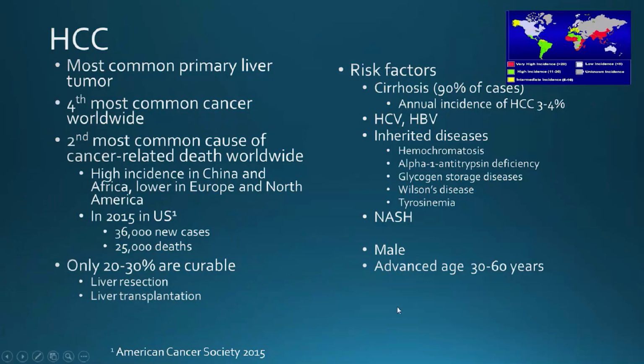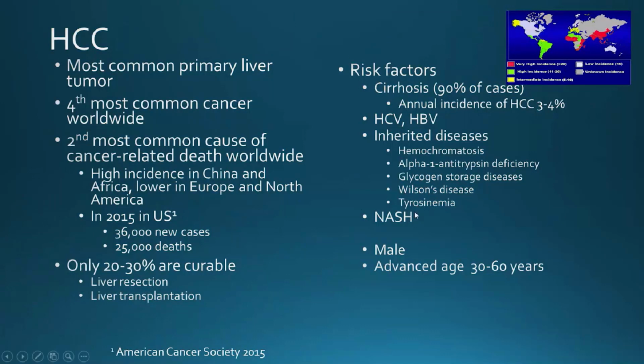And also, we do have inherited diseases of the liver like hemochromatosis, alpha-1 antitrypsin deficiency, glycogen storage disease, and tyrosinemia, which have high risk for developing hepatocellular carcinoma, and to a lower percentage in Wilson disease.